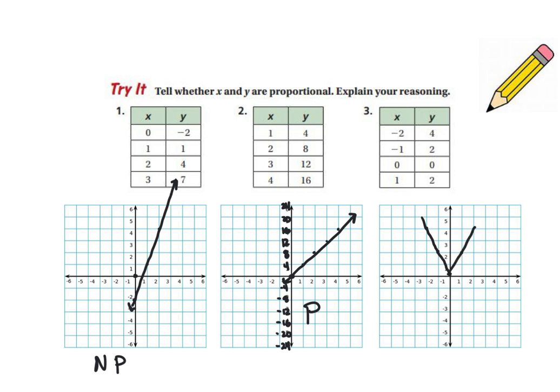So here we see that we do not have a linear relationship. However, our point does go through the origin. So remember, it has to be both. It has to be linear and it has to go through the origin. And in this case, it's not linear. So we would say that we know that it is not proportional.